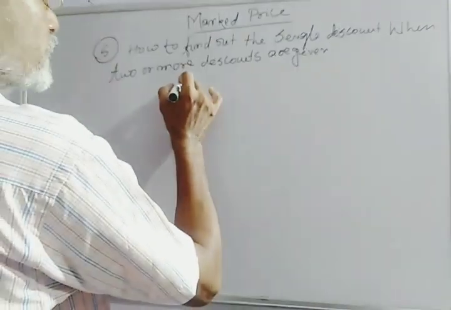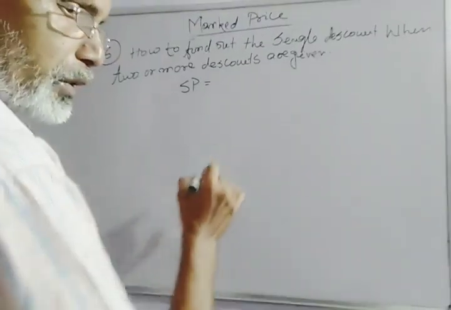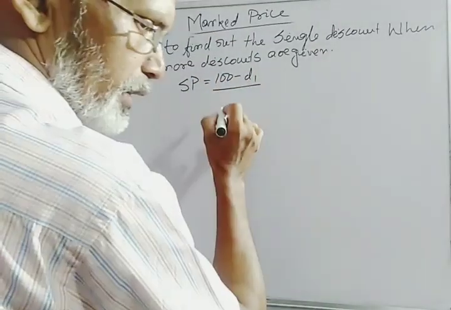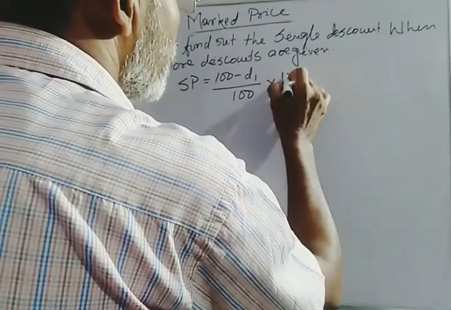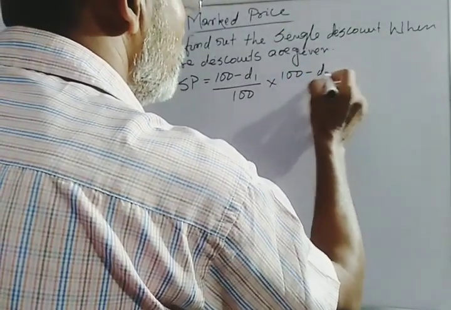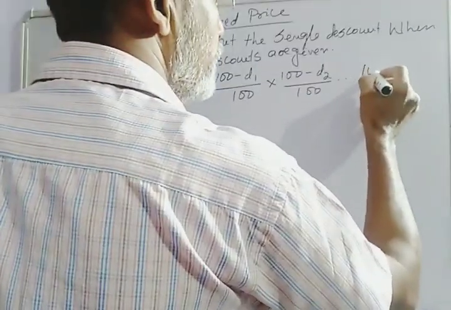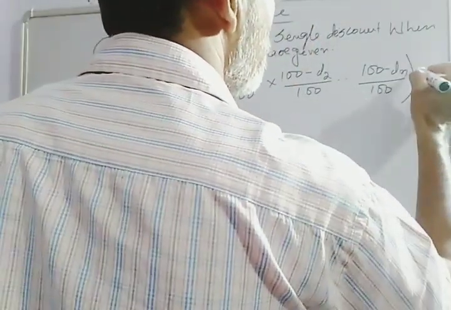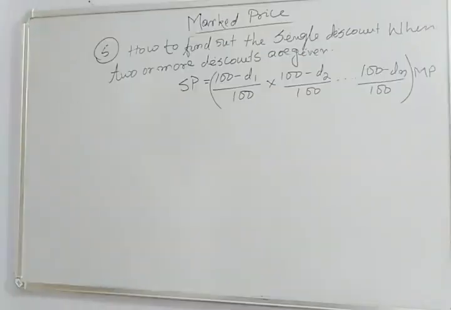So selling price is equal to 100 minus D1 by 100 into 100 minus D2 by 100, and so on up to 100 minus Dn by 100, whole multiplied by mark price. By this way you will get the selling price.